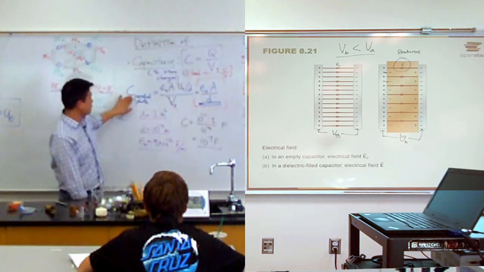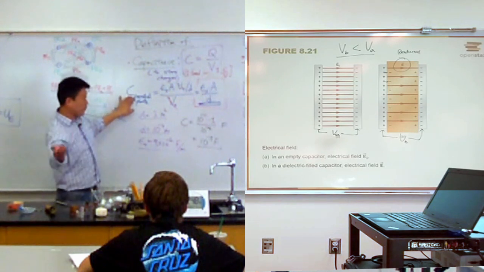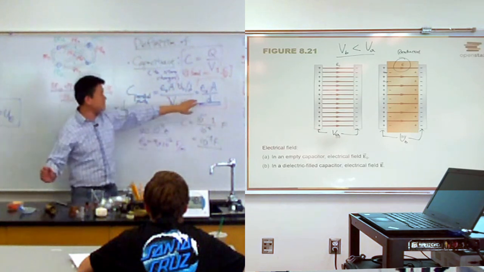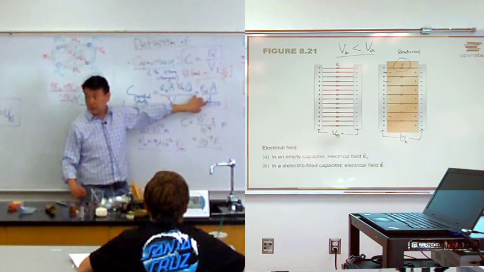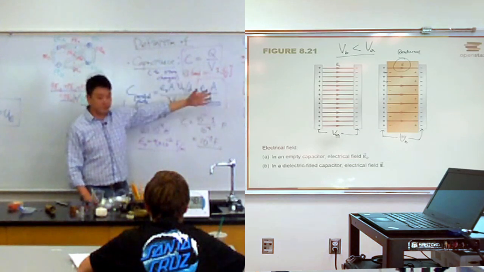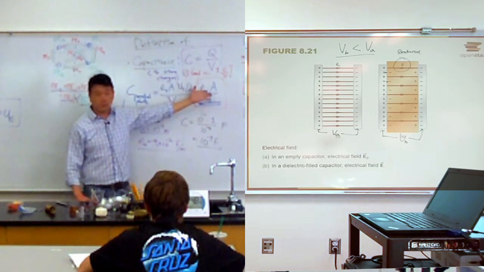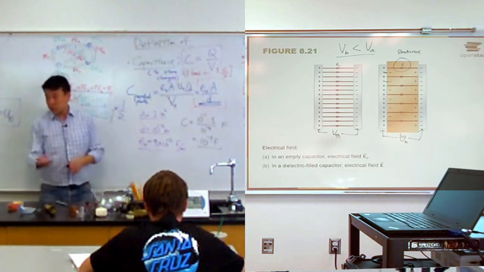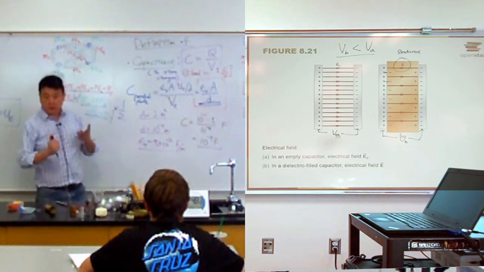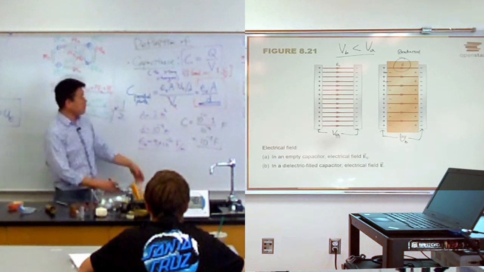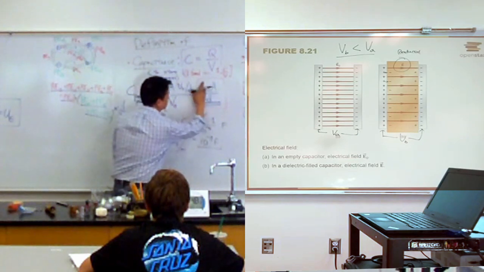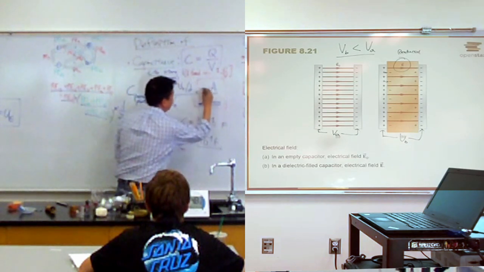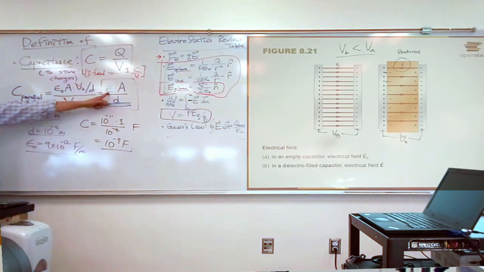So we had this expression that was derived earlier. What would we change here to make it reflect the fact that there's a dielectric? The thing that people usually change is this constant. So instead of it being epsilon naught, it'll now be epsilon.